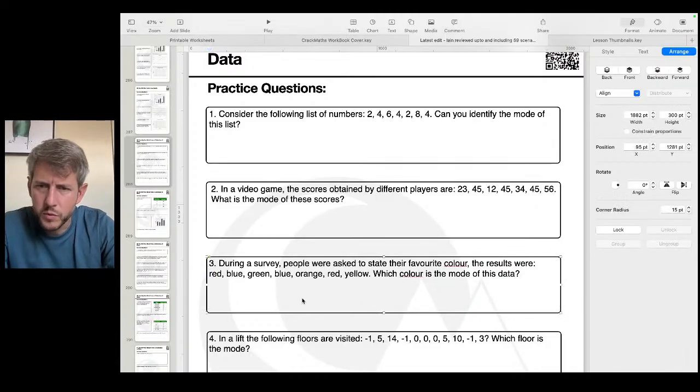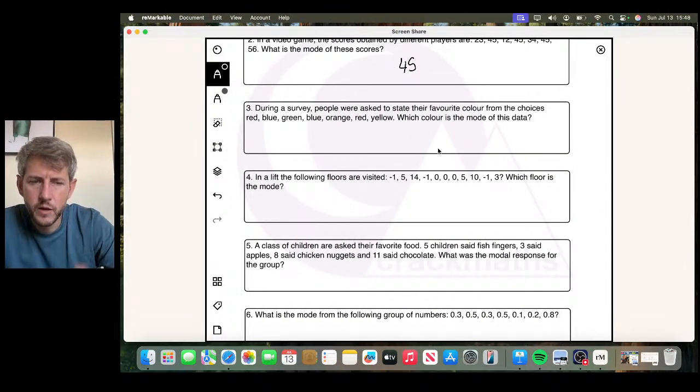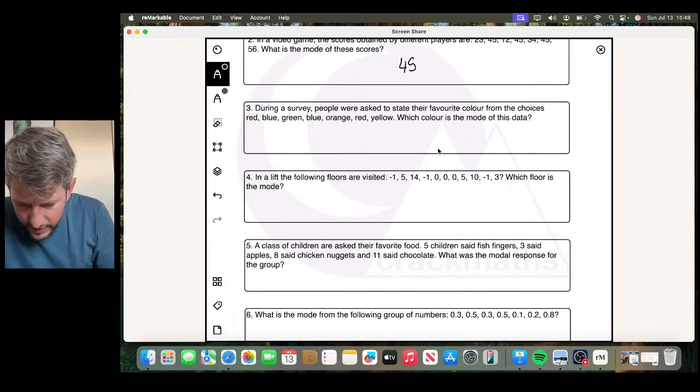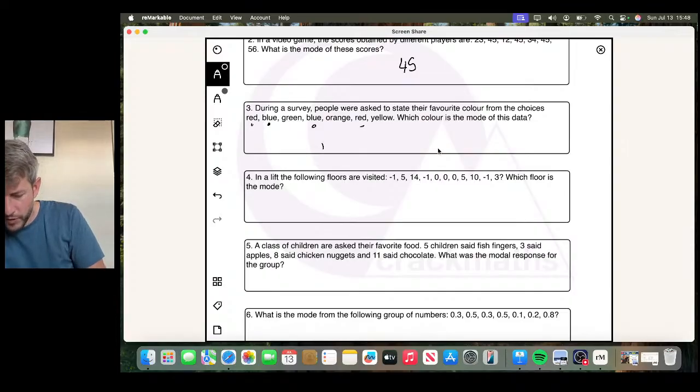The results were red, blue, green, blue. Okay. So what is the mode of this data? There's 2 blue and there's 2 red. Okay, so it's bimodal. So the mode is red and blue, and we call that bimodal.